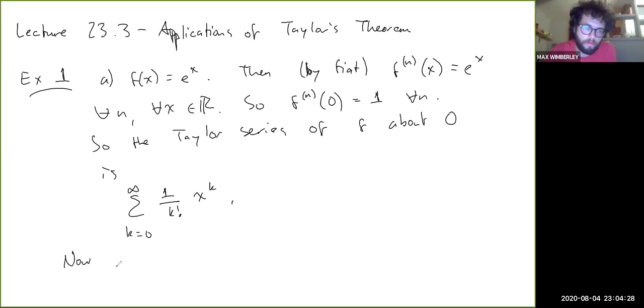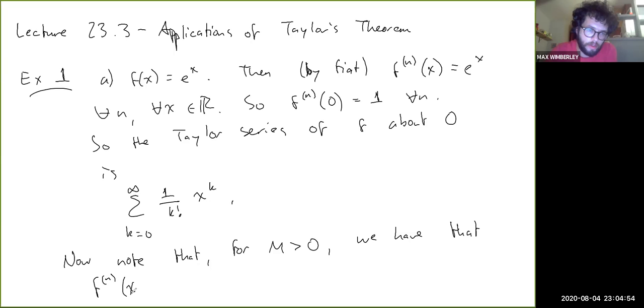So now note that for any M greater than 0, we have that the absolute value of f^(n)(x) is less than e to the M for all n in N and for all x in (-M, M).